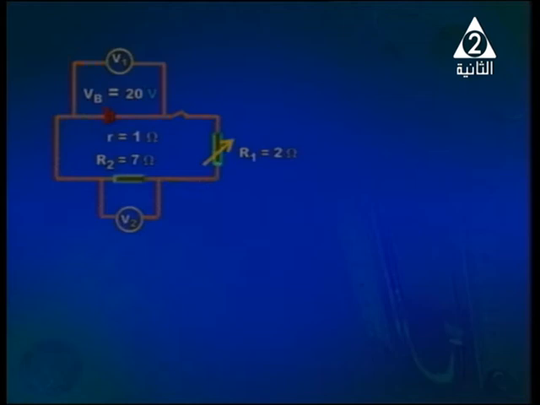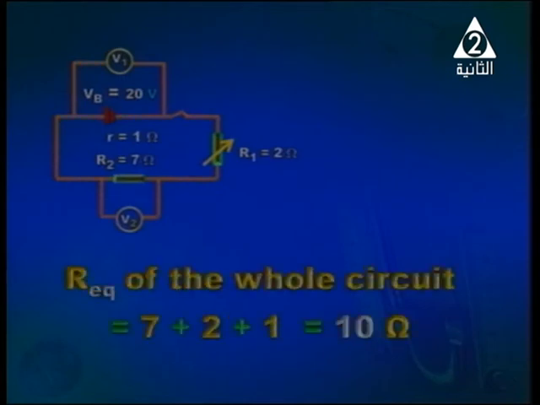And we've got a resistance of 7 ohm. V2 measures the potential difference across R2. V1 measures the terminal voltage. R equivalent of the whole circuit, or R total, is 7 plus 2 plus 1, where 1 is the internal resistance, so it is 10 ohms.